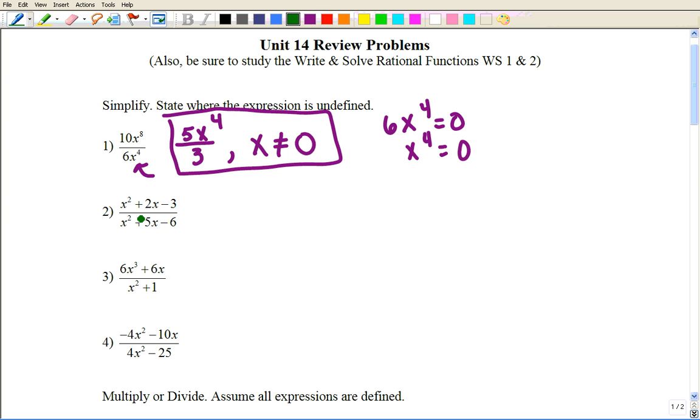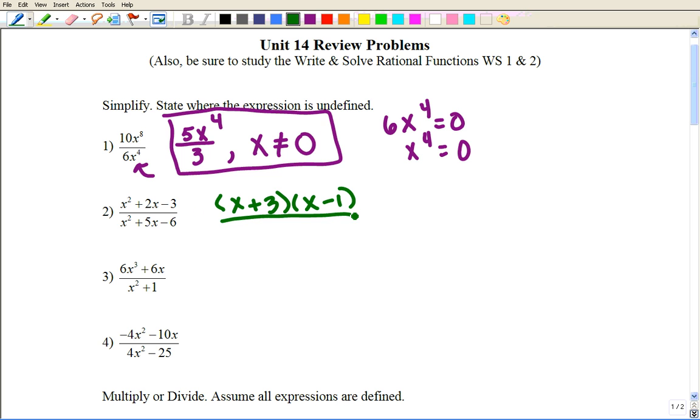Number 2, we're also going to simplify this, but notice that we have addition and subtraction here. Do not cancel out the x squared and the x's. You cannot cancel out parts if things are not factored. In number 1, we just had factors because there was multiplication. But whenever you have addition and subtraction signs, you cannot cancel out anything until everything has been factored. So in this top thing, that will factor into x plus 3 and x minus 1.